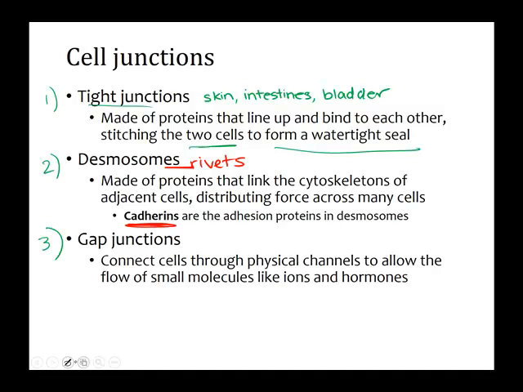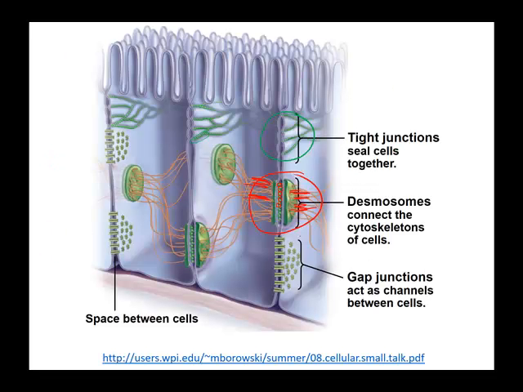Finally, we have gap junctions. Gap junctions are kind of like little holes in the cell membrane. And let me show you gap junctions. Here's gap junctions right here. They're tiny little pores. They allow molecules to very, very easily go from one cell to another cell.